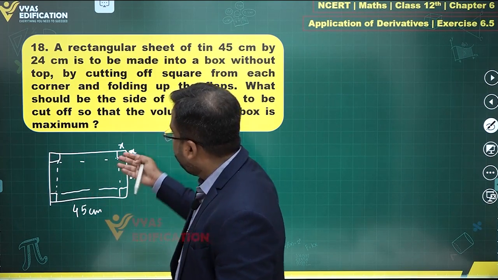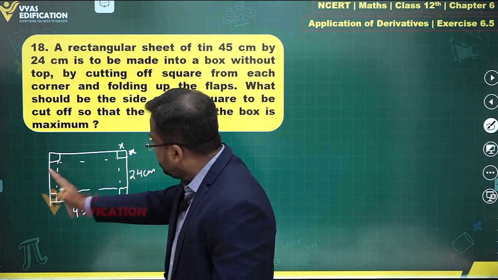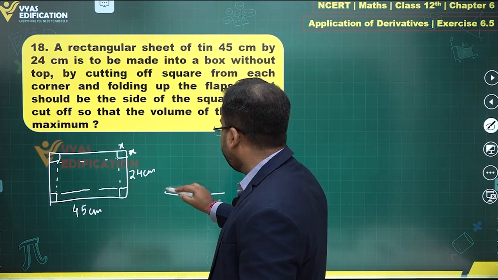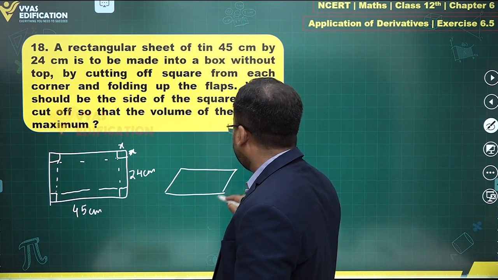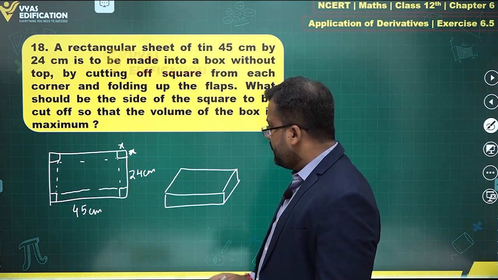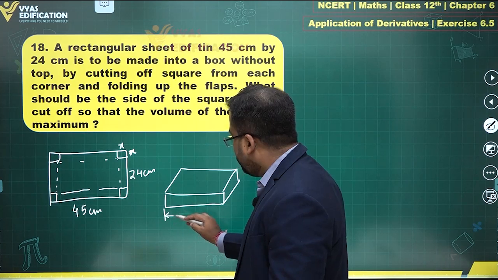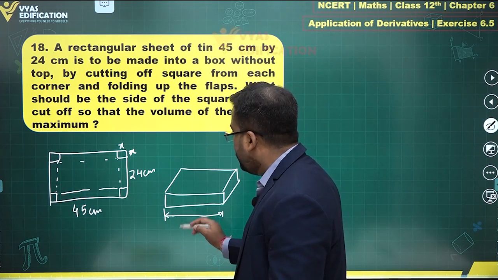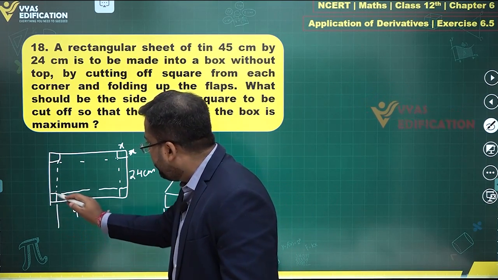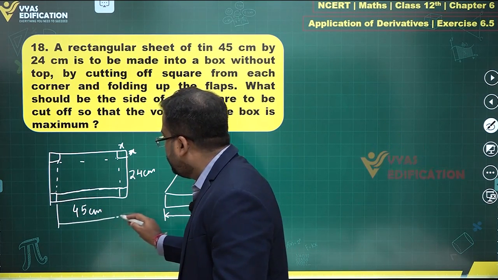We'll remove these sides and we'll fold these flaps to give us a shape of this type, right? This is the shape of the tin box. And this width, what will this width look like? This width will be equal to what? Do you observe that x and x will go, so this remaining width is this over here.